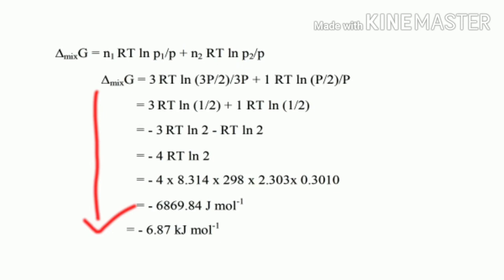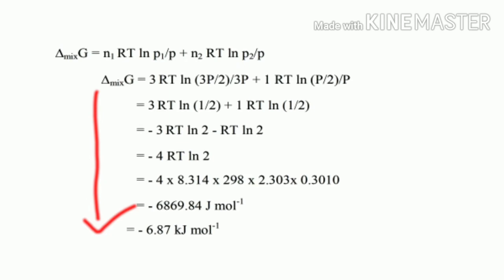Now substituting the values of RT and ln 2, we get ΔG mix equal to minus 4 into 8.314 into 298 into 2.303 into 0.3010, which is the value of the log of 2.